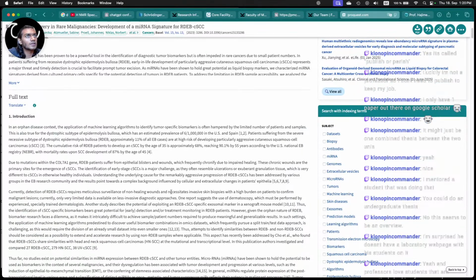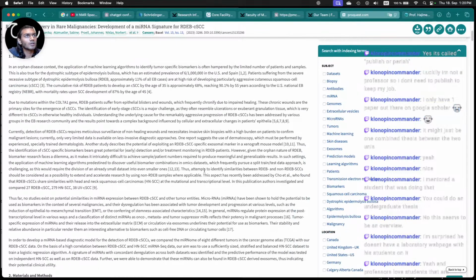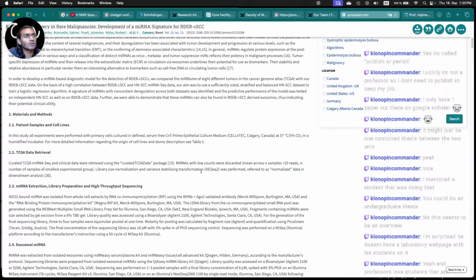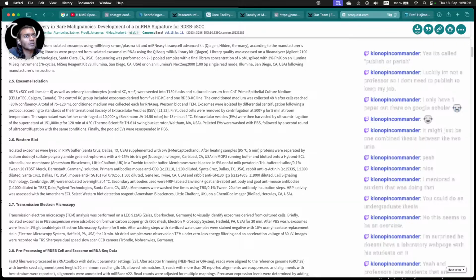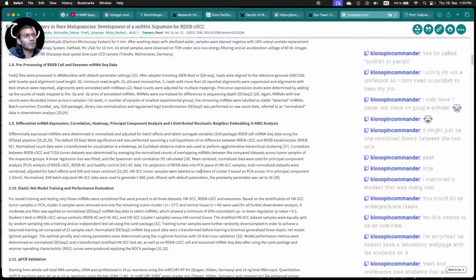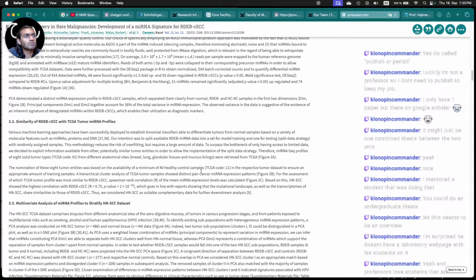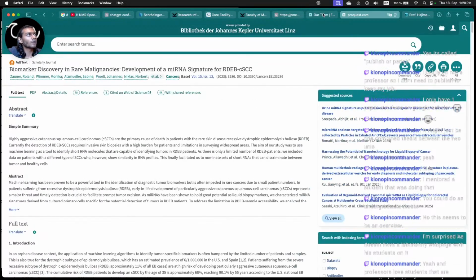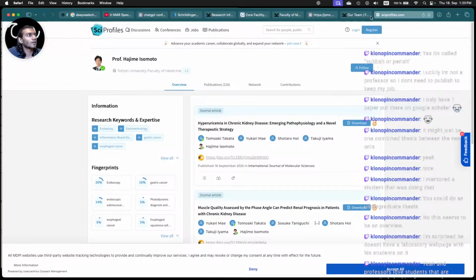In an orphan disease context, the application of machine learning algorithms to identify tumor-specific biomarkers is often hampered by the limited number of patients and samples. There we go again, the formula. Okay. That is cool.